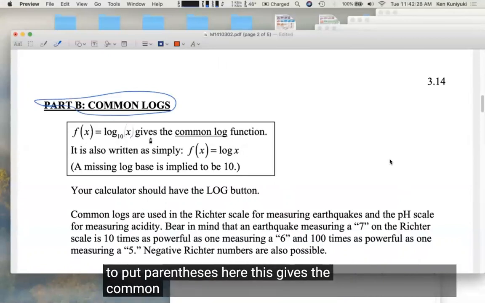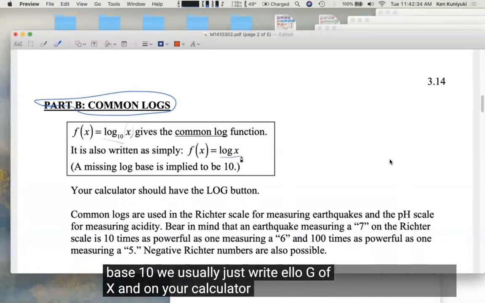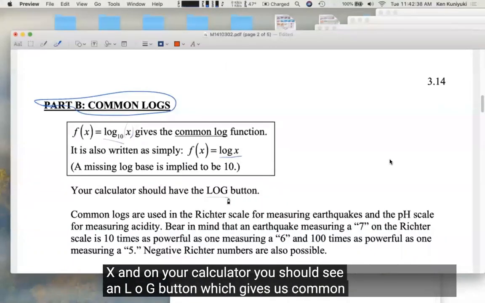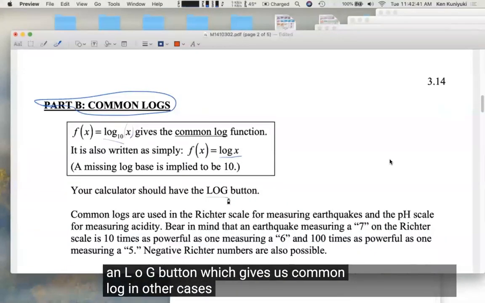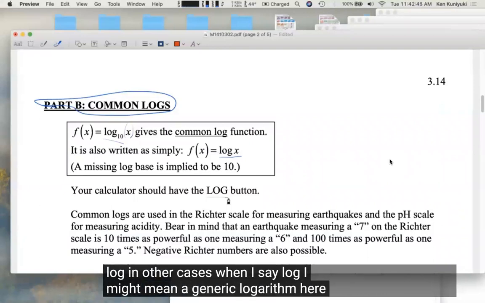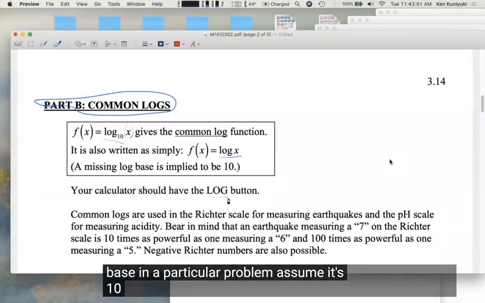This gives the common log function. Instead of log base 10, we usually just write log of x. On your calculator, you should see a log button, which gives us common log. In other cases, when I say log, I might mean a generic logarithm. Here, we mean a common log. So if you don't see a base in a particular problem, assume it's 10.